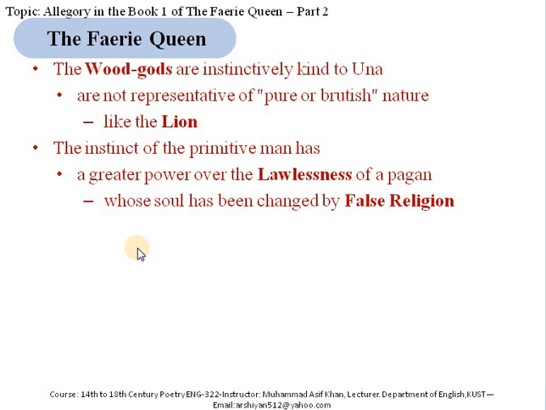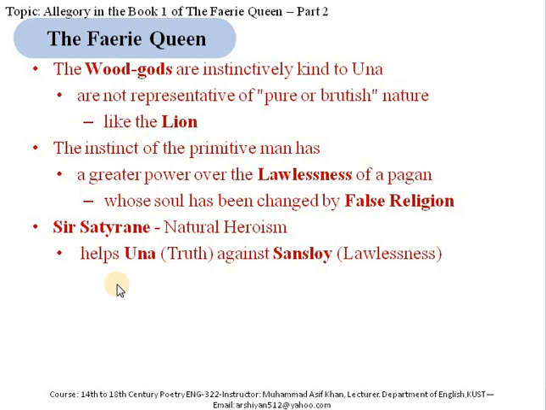Here another character comes to us, that is Sir Satyrane, because he is part wood god and part human being. So we see that he still has the goodness of nature, and this person can help Una.